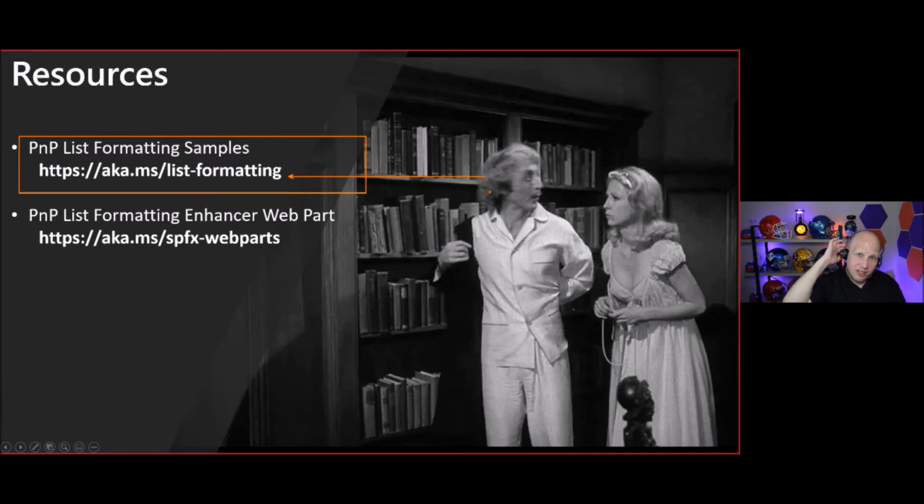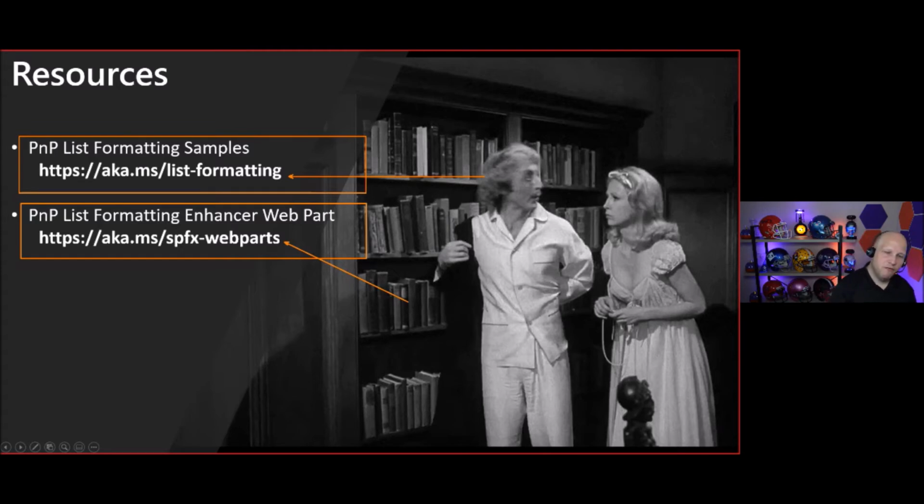And then to inject CSS to override them, you use this particular URL. You go to aka.ms SPFx web parts and you look for the list formatting enhancer web part. Now that will have to be installed, so you need to get with your tenant administrators to install it, but it is a real lightweight one. It's not connecting to Graph or doesn't require any huge permissions to be set.